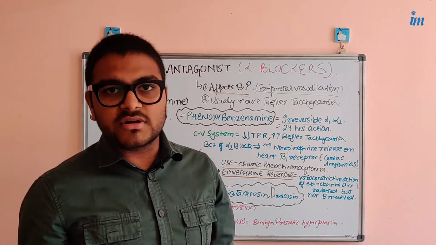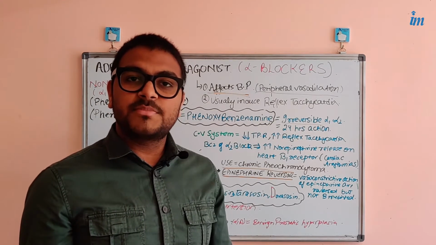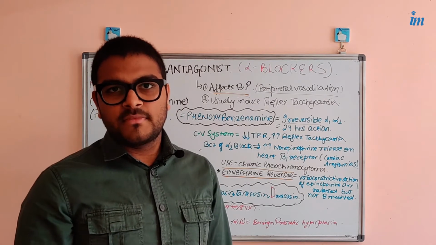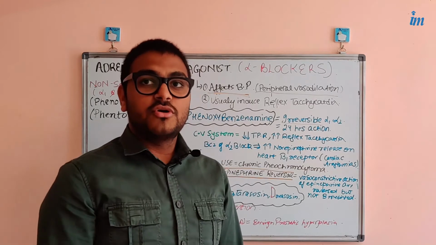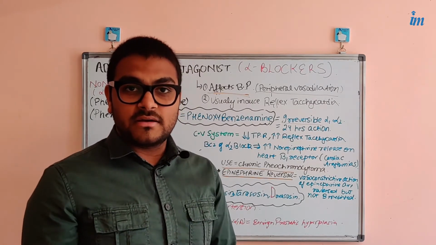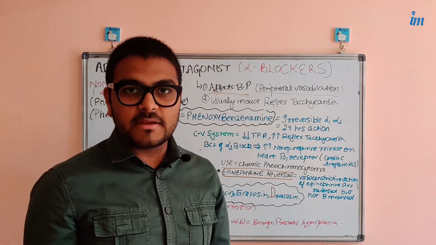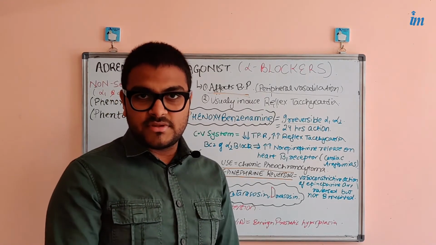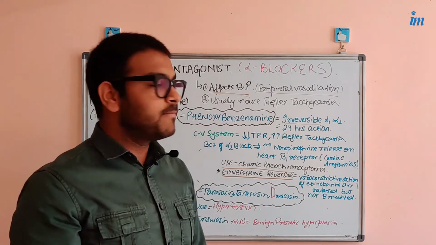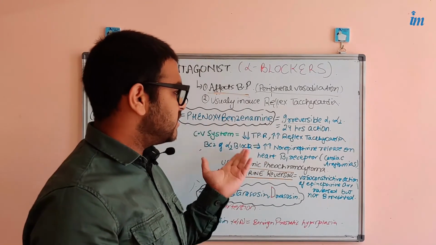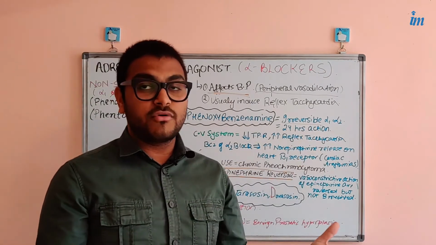So why is it irreversible if I'm saying the blockage is for 24 hours? Because the new alpha receptors will be synthesized by the body, and on the new alpha receptors we don't have phenoxybenzamine acting. The receptors that are blocked, alpha 1 or alpha 2, stay blocked until the receptors get destroyed. When the body synthesizes new alpha receptors, only then will the effect of phenoxybenzamine be reversed.